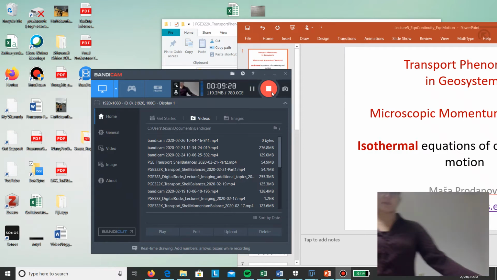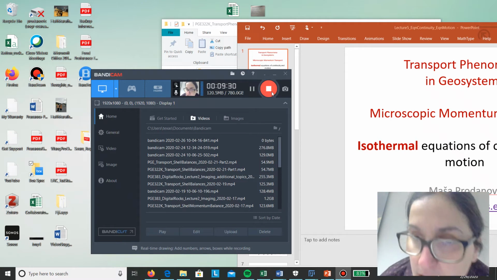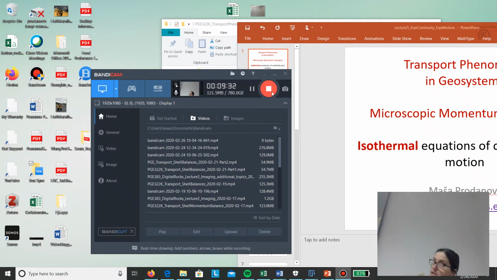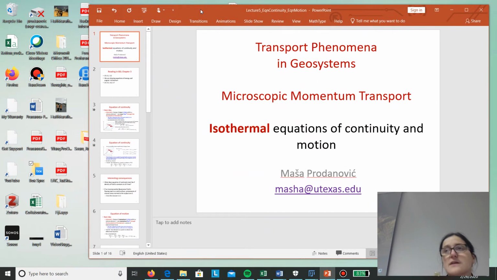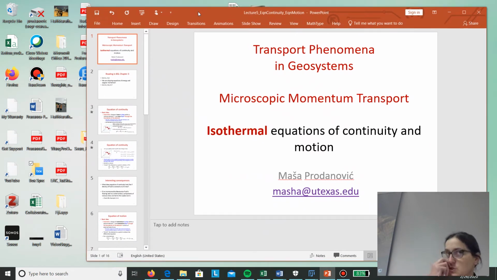Now we will move on to doing a mass balance, because we haven't really done that. We had actually built in certain assumptions, and we're going to show how that was the case.